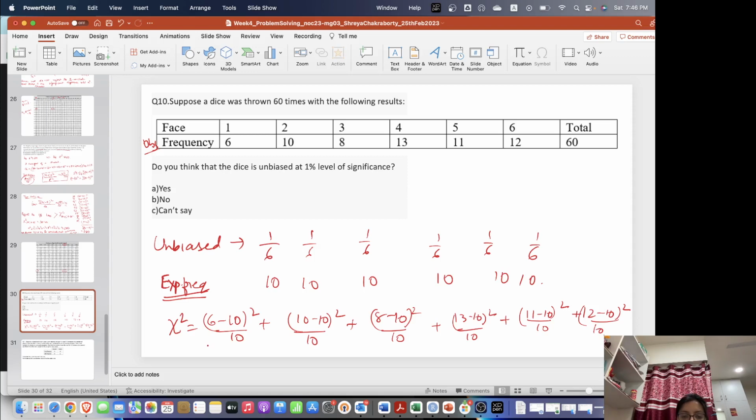So this will come out as 1 by 10 into 4 square plus 2 square plus 3 square plus 1 square plus 2 square. That is 1/10 of 16 plus 4 plus 9 plus 1 plus 4. That is 3.4.